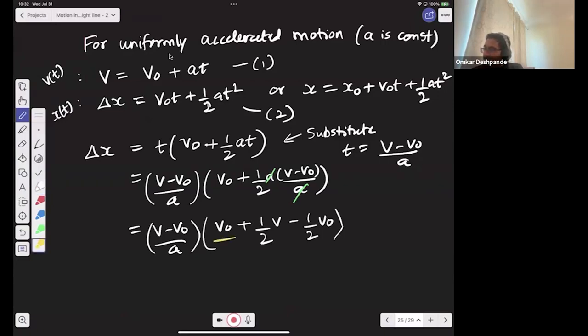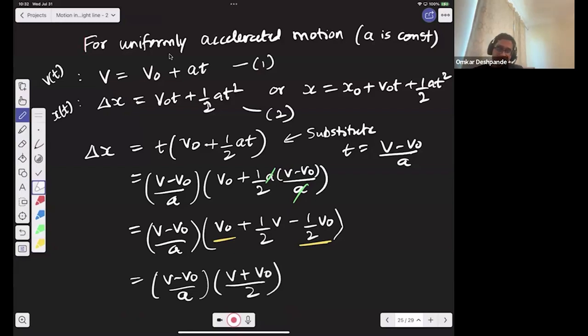And if I combine v0 and minus half v0, I'll get half v0. So I'll get half v plus half v0. So in other words, v minus v0 by a and half v plus half v0, which is just another way to write v plus v0 by 2.